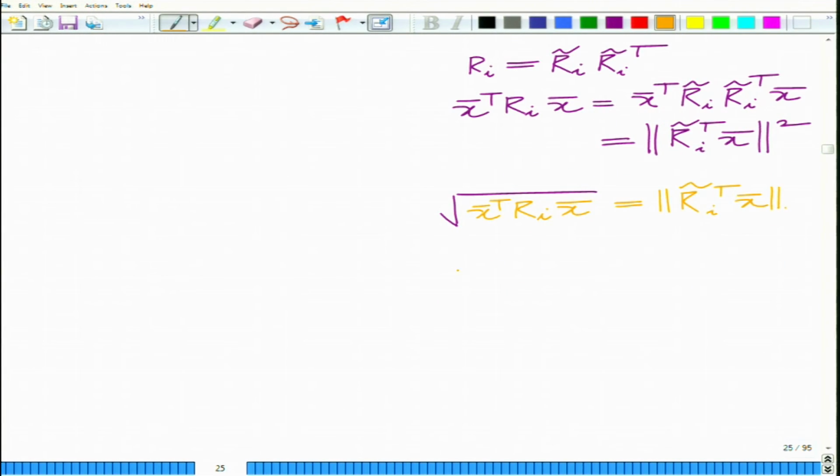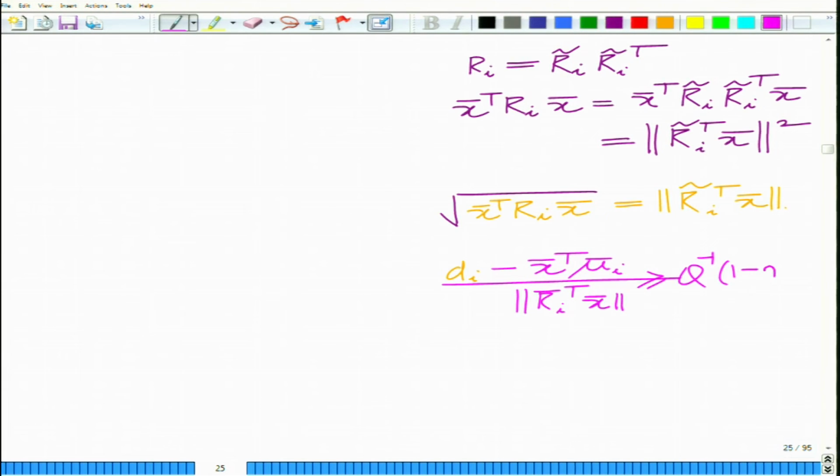And therefore the condition above implies that (d_i minus x bar transpose mu bar_i) over the square root of x bar transpose R_i x bar, which is nothing but the norm of R_i tilde transpose x bar, is greater than or equal to Q inverse of 1 minus eta, which basically implies that, again, Q inverse of 1 minus eta is positive.